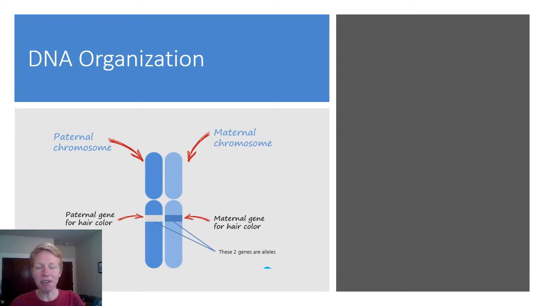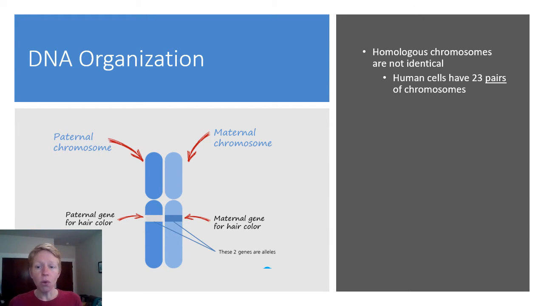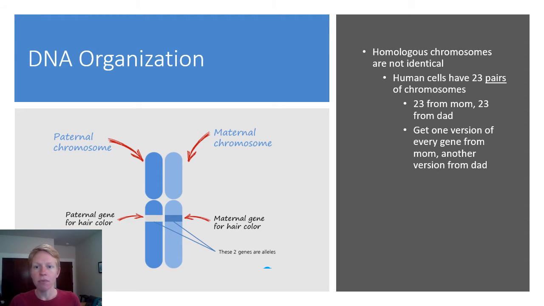Let's look at this in a little bit more detail. So, like I said, your homologous chromosomes are not identical. And you have in your cells 23 pairs of chromosomes. So you have 23 homologous pairs of chromosomes in every single one of your cells. 23 of those chromosomes, or one set, came from your mom, and one set came from your dad.